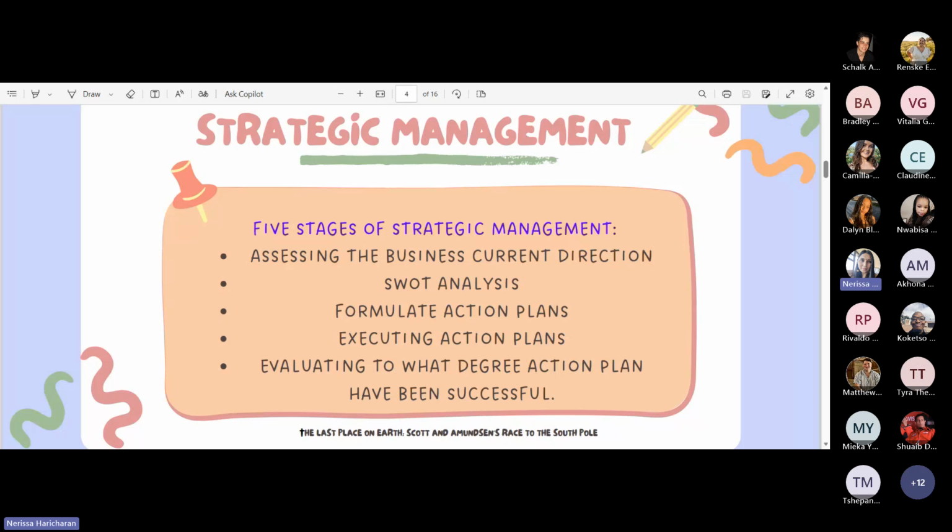That is one of your analysis tools that you can look at from an external environment. And then your Porter's forces, which I'm going to go through in the upcoming slides. But this allows you to identify any opportunity for growth, any opportunity for development, and any threat that can hinder your success to grow a good business.